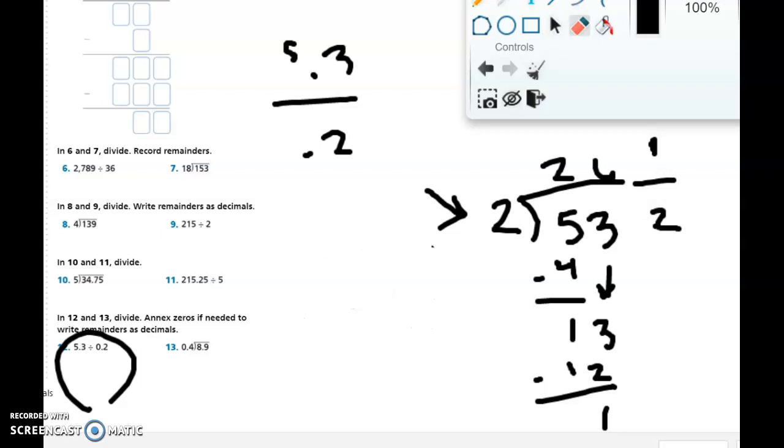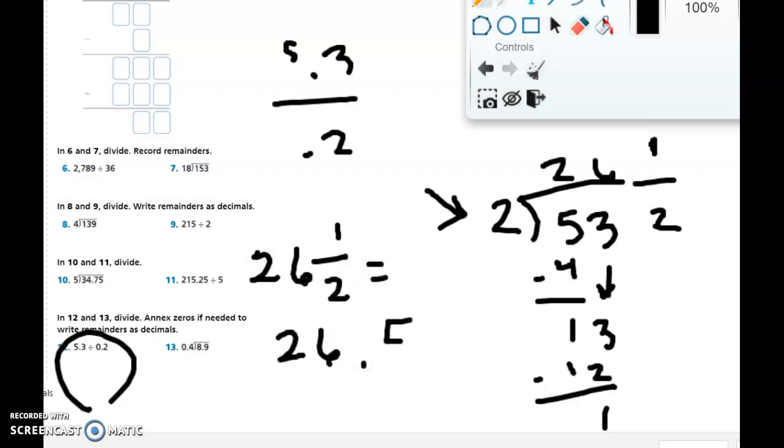I'm going to erase this now, and let's take a look at 26 1/2. You know that that is equal to 26 5/10. And so if I erase now the 1/2 and we go through the division with the decimal, you'll see how this works. Remember I had this 1 as a remainder, so I'm going to put a decimal up here, add a 0, and ask myself how many groups of 2 are in 10.